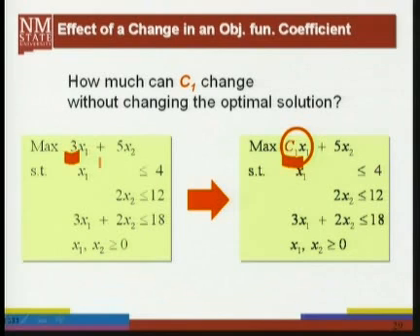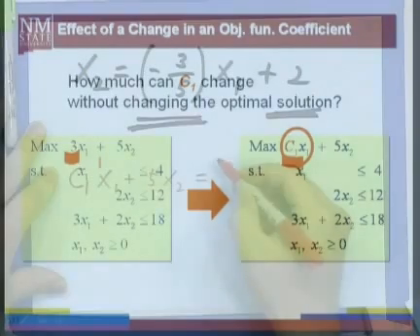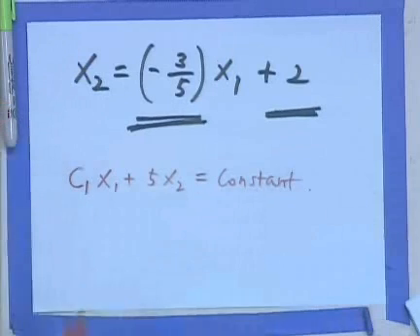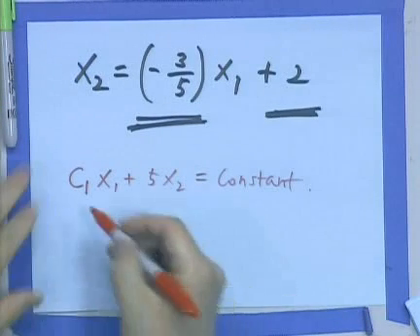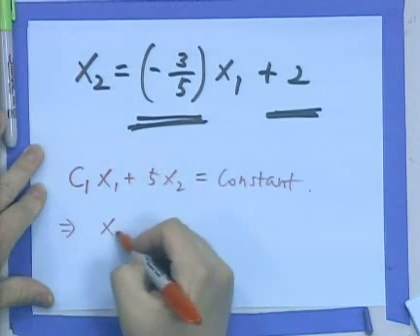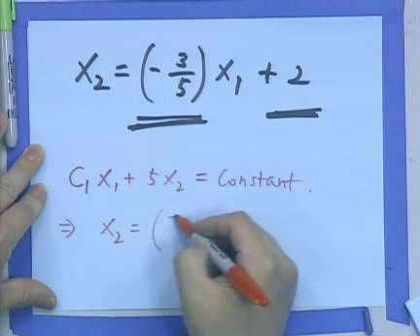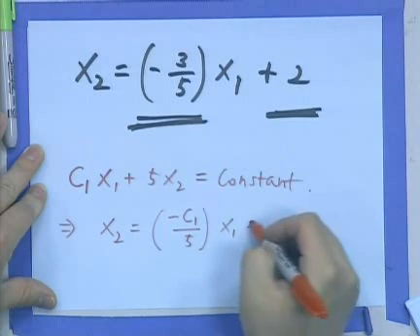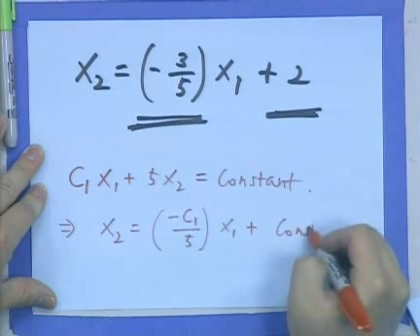And each isovalue line has the form C1 x1 plus 5x2 equals constant, right? And this becomes x2 equals negative C1 over 5 x1 plus constant, right?